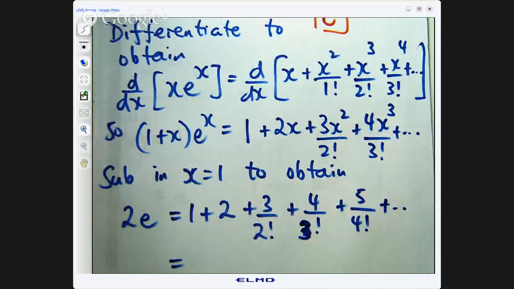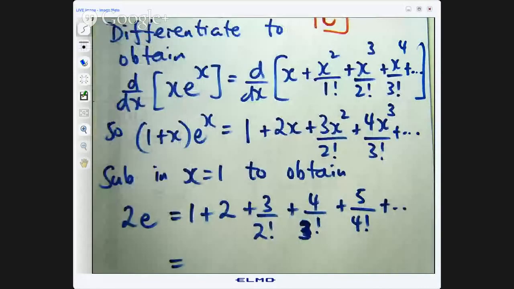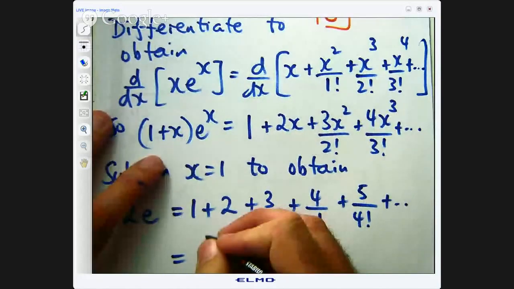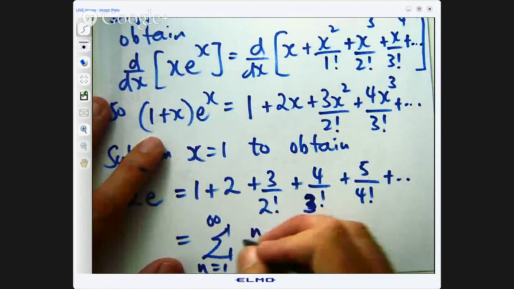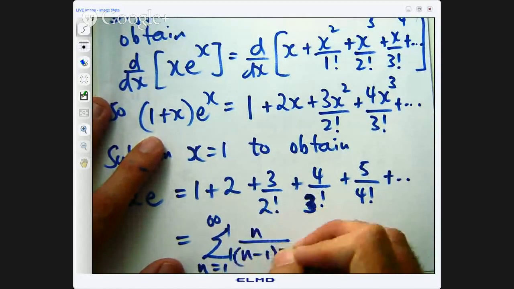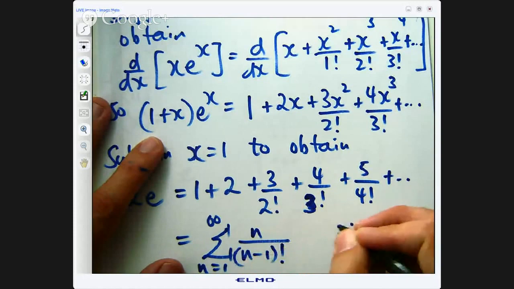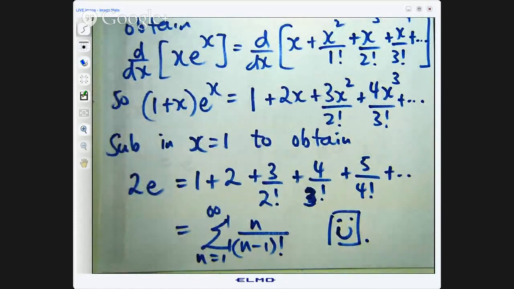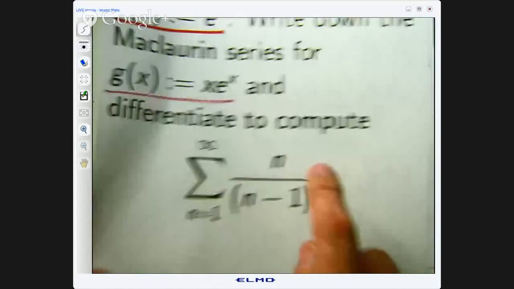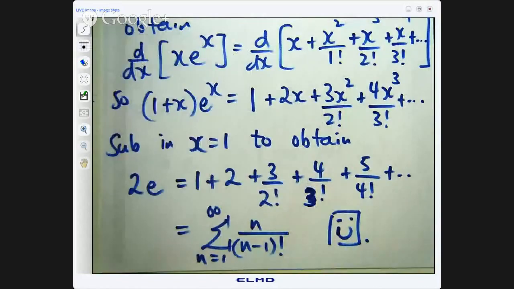And lo and behold, if I write this in summation notation, it's exactly the star series. Now, 0 factorial is interpreted as 1. All right, so the exact value of this series is 2e.